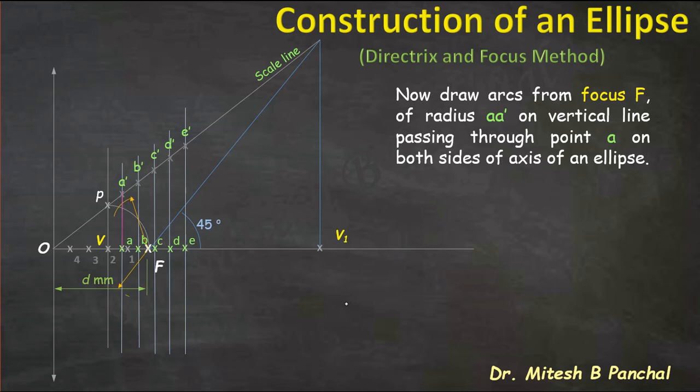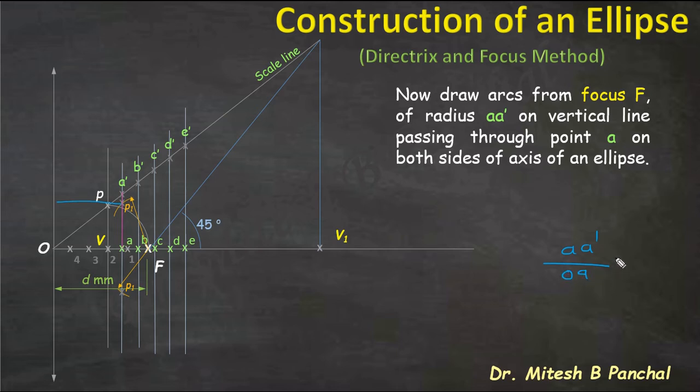So that we will get the one point, that is P1 point on above axis and another P1 point below axis of an ellipse. So if you look at this point P1, which is at a distance A dash from the focus, and from the directrix its distance is OA.